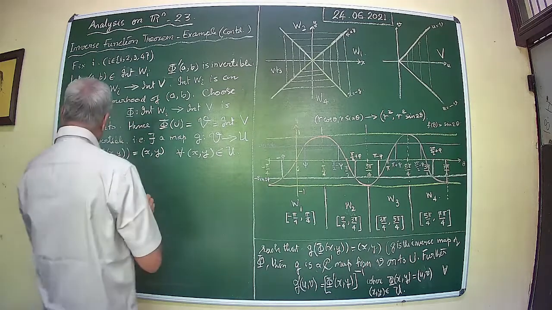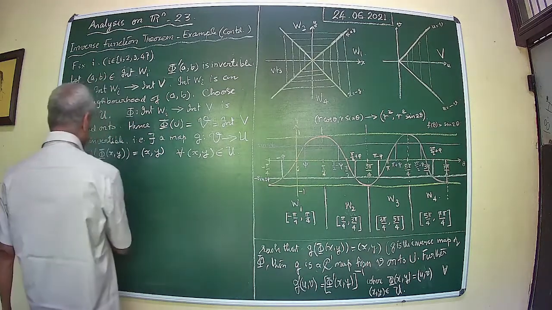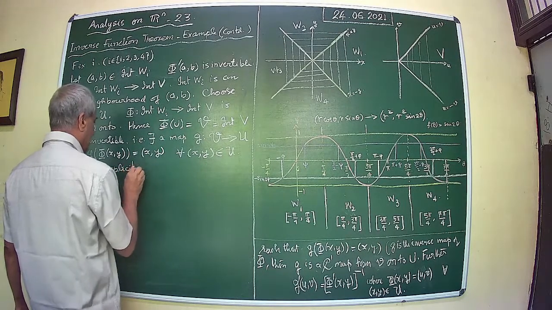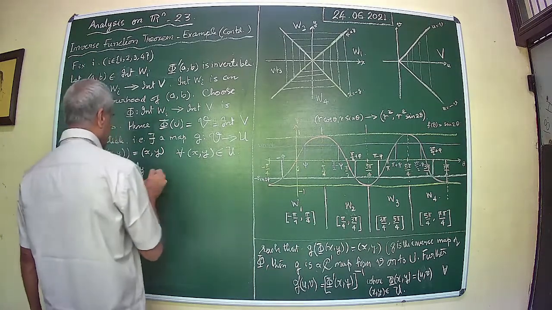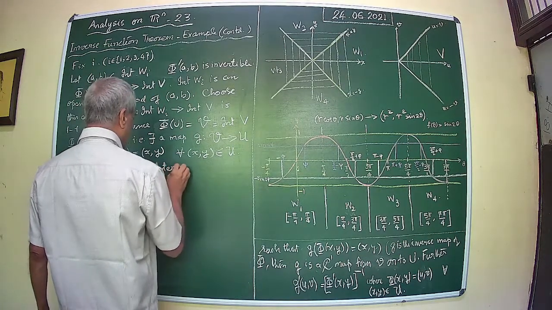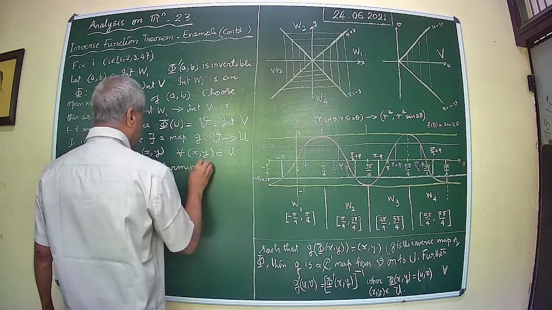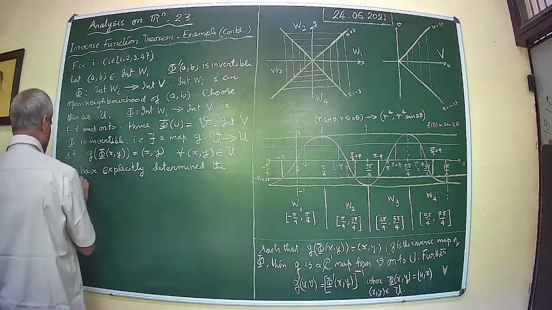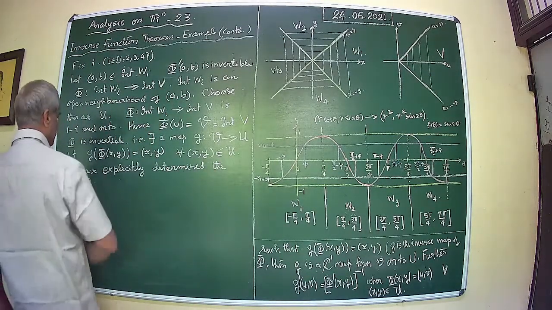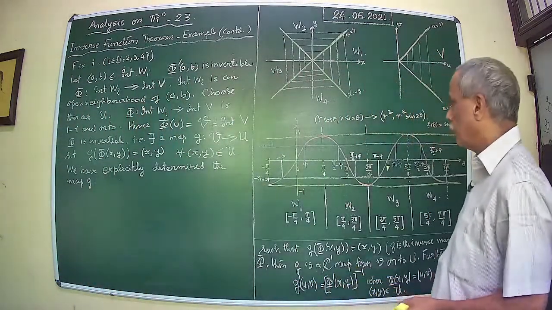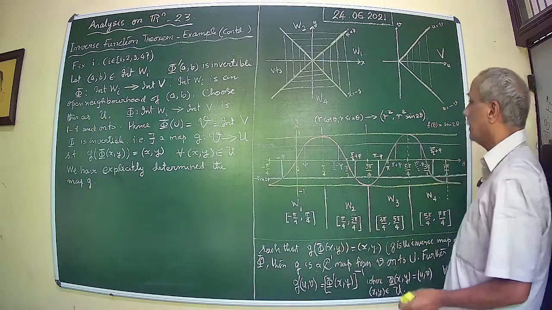Moreover, we have verified that we have explicitly G from V to Wi.